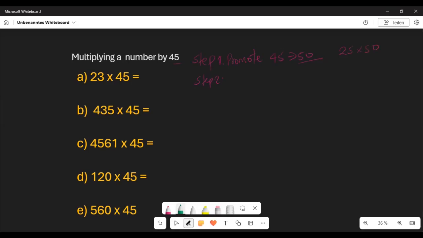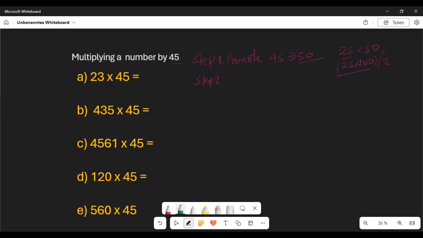One thing we do here is multiply 25 by 100, and then divide the product, what we get here, by 2.